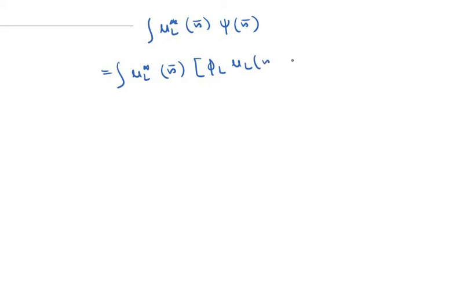So integral of ul star r psi r is basically equal to integral of ul star r, phi l ul r plus phi r u r r, dr. We should have a dr over here.